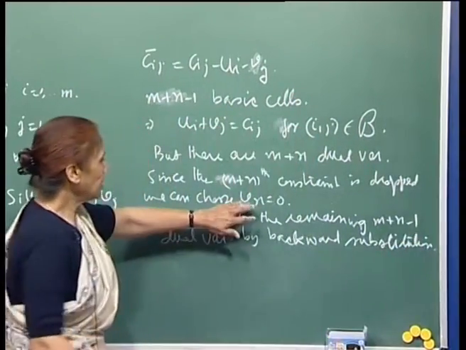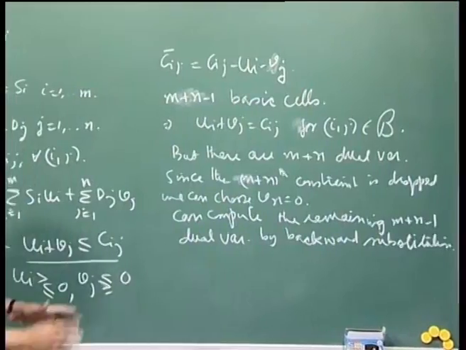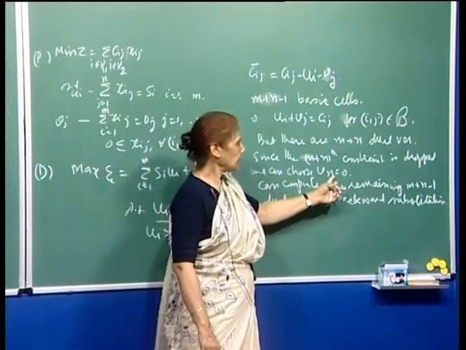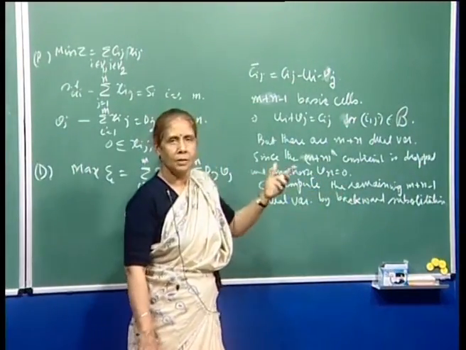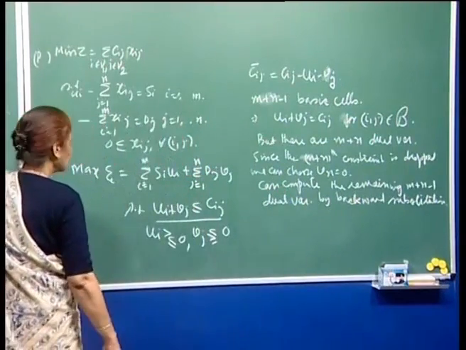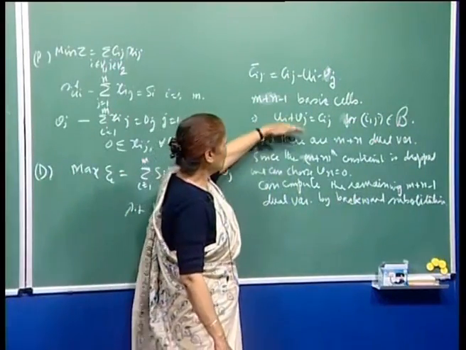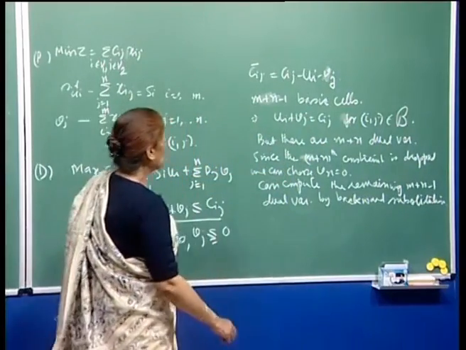Okay. So, since Vn is 0, you can immediately compute the ui's corresponding to Vn, because there will be cells present in the last row, and then you can go on by backward substitution, you can compute the others.